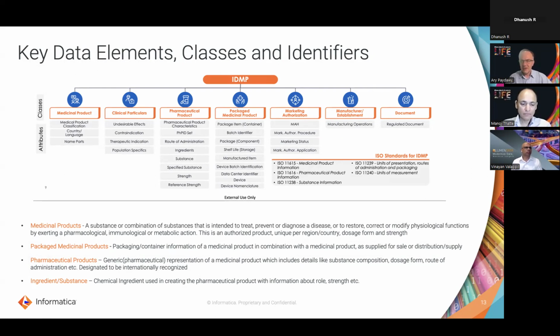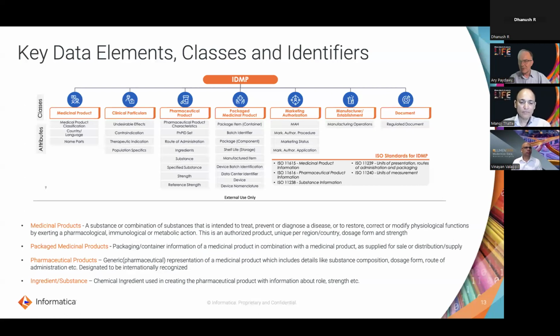Those medicinal products contain clinical particulars. What are the undesirable effects? What are the contraindications and therapeutic indications of these medicinal products? These medicinal products also include what are called pharmaceutical products, which is the PhPIDs. Those PhPIDs have their own ingredients and substances used with these pharmaceutical products.